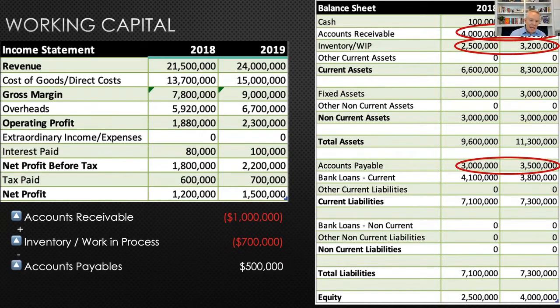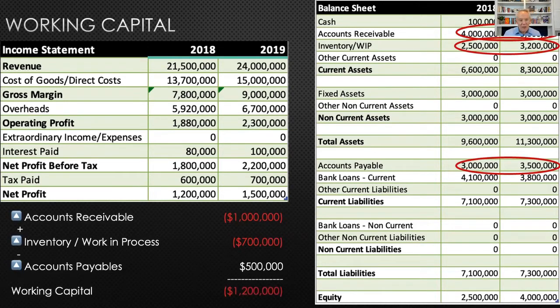And then notice payables went from 3 million to 3.5 million. Now that is actually good for cash flow, because that means our vendors, our partners, are helping to fund some of our growth. So that actually helps our cash flow, assuming we're not damaging our relationships with those partners.